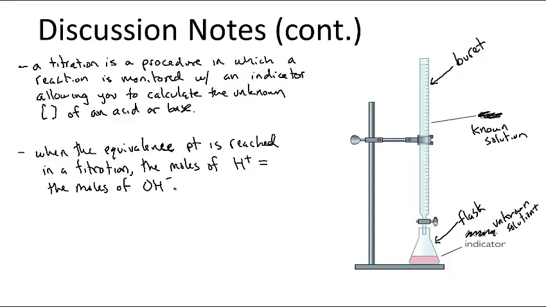So now, if you have moles of H+ and moles of OH-, you can calculate your concentration. On the next page, I'm going to walk through one of these. The math may be a little bit scary. I'm going to break it down for you. It'll be okay.